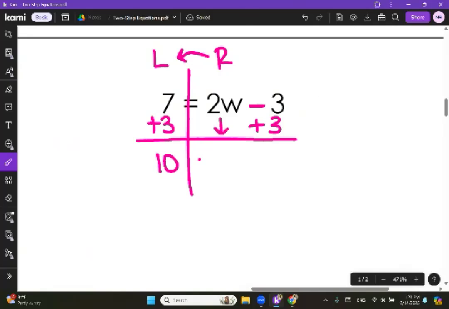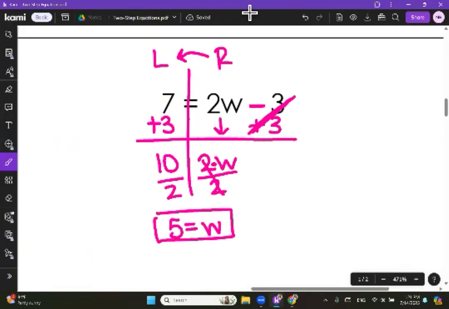Didn't do anything with 2W, bring it down. 3's zero out. 2 is not connected with W through anything, automatically multiplication. Opposite of times 2, divide 2. 10 divided by 2 is 5. 2's cancel out. 5 equals W.